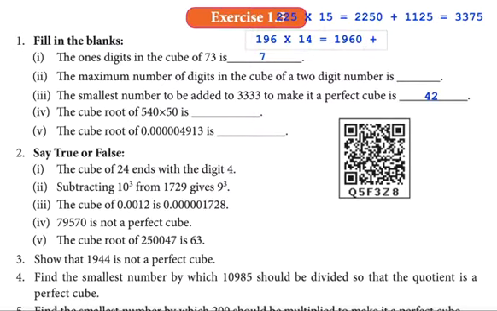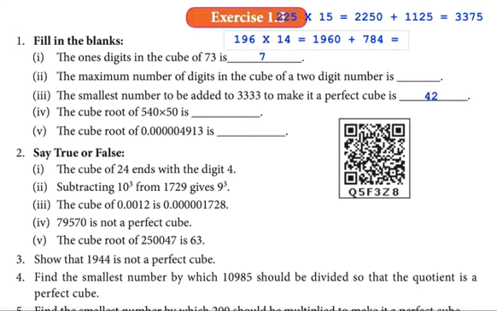That is nothing but 200 into 4, that means 800. 800 minus 16 means 790, minus 6, 784.